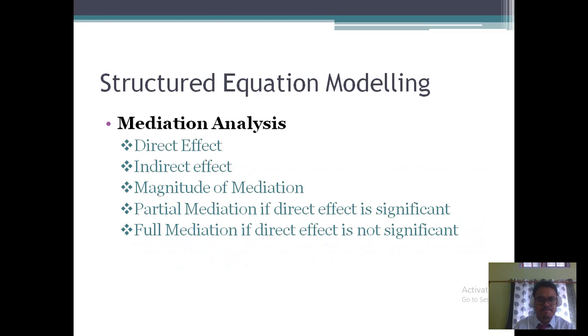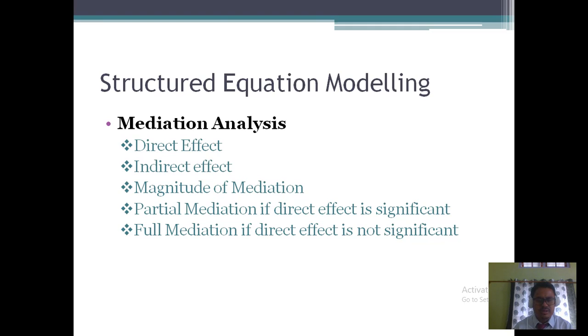Besides examining the direct and indirect impact of several dependent and independent variables, structural equation modeling is also useful in determining the mediation analysis. That is, mediation analysis refers to the influence of the relationship between two variables by a third variable.